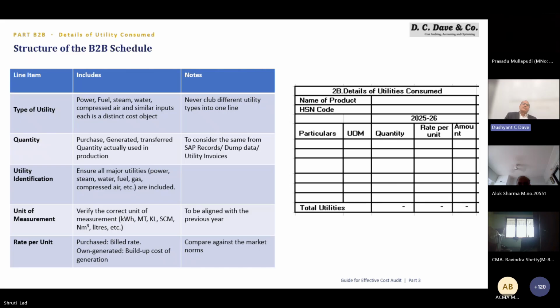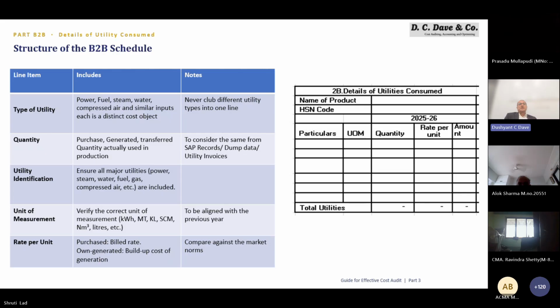Quantity again could be outright purchase, it could be generated, it could be transferred, and a quantity which is actually used in the production. And consider the same from SAP records or SAP dump data and utility invoices whenever you are buying directly. So for those buying only electricity and nothing else, a simple bill from the electricity board, GSAB, MSAB, etc., becomes your source. And utility identification ensures that all major utilities, power, steam, water, etc., are included.